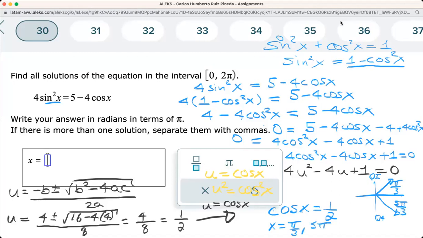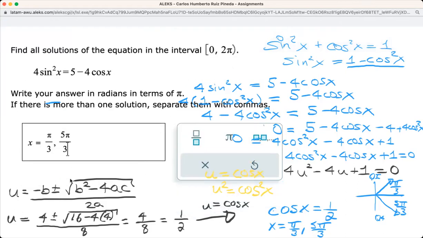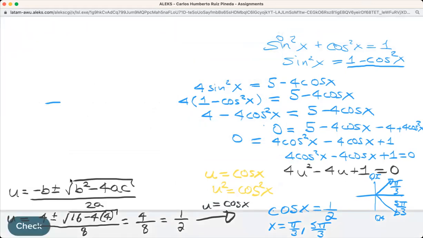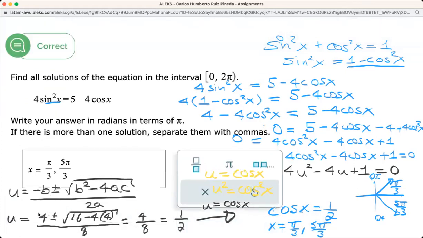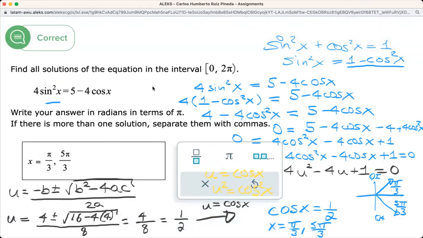So these are the two solutions, and we can check them if we put them here: pi over 3, 5 pi over 3. We can click on check, and it has to be correct as we expected. And we are done.